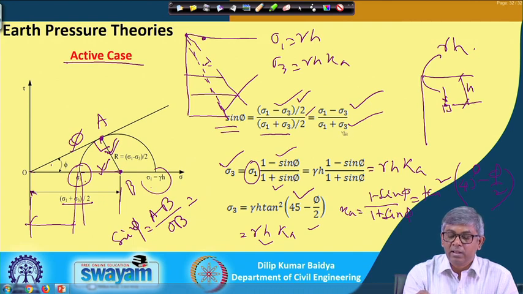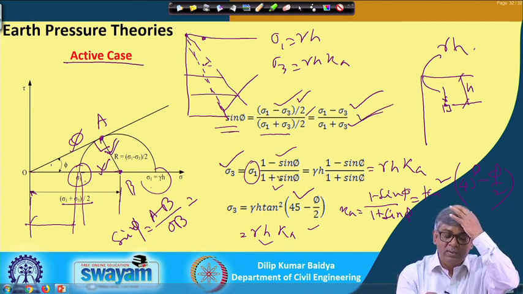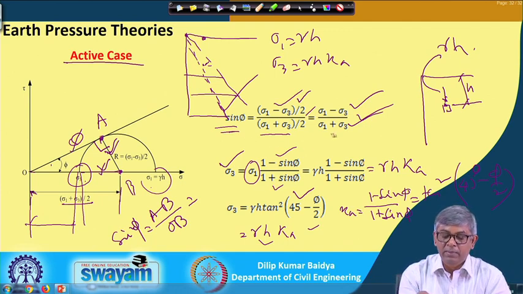So, sin phi becomes this, and if I simplify, ultimately sigma 3 becomes sigma 1 multiplied by 1 minus sin phi by 1 plus sin phi, and sigma 1 you know is gamma h.